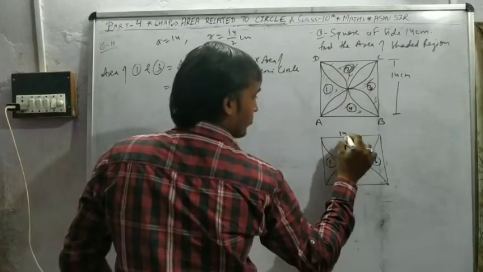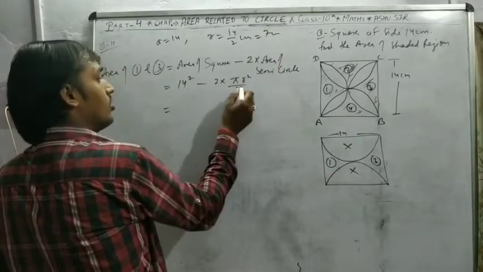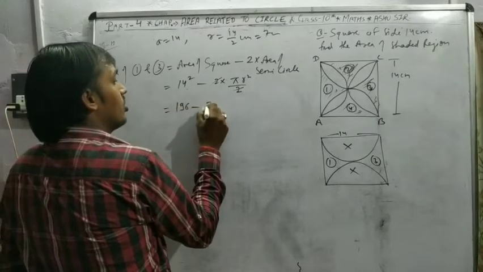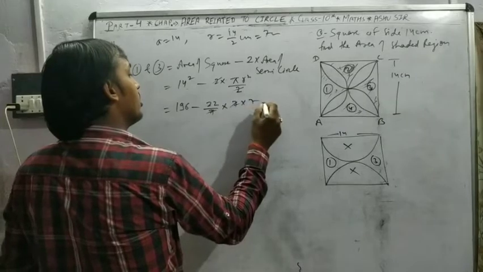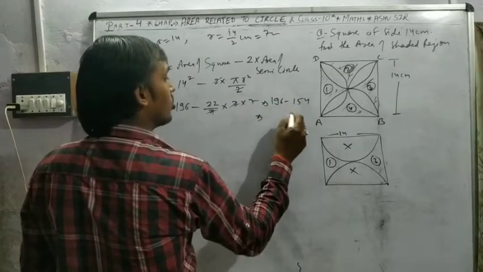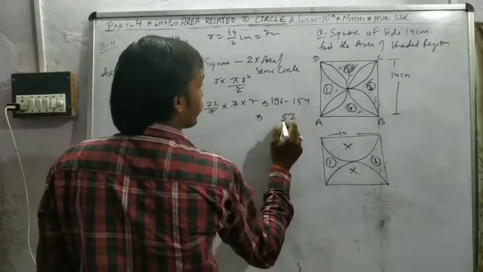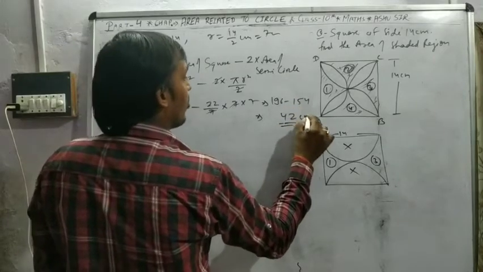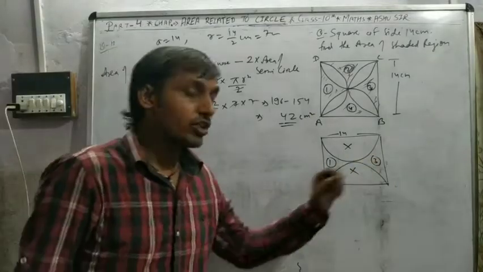This is 14, so this is the diameter, so the radius is 7. 2 cancel. 196 minus 22 by 7 into 7 into 7, cancel. 196 minus 154, that is 42. 42 centimeter square is the area of 1 and 3.